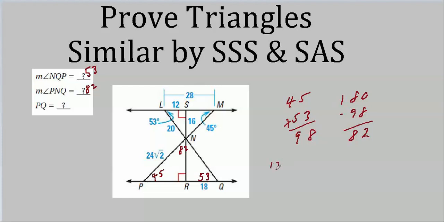So we've got 12 over 28 equals 18 over x. That gives us that 12x equals 18 times 28.